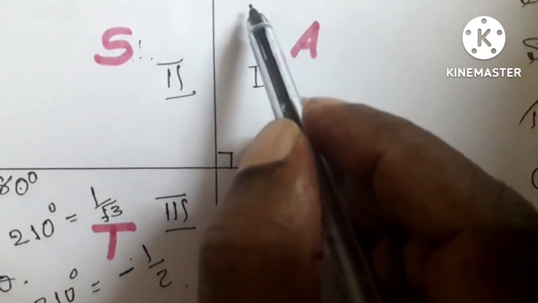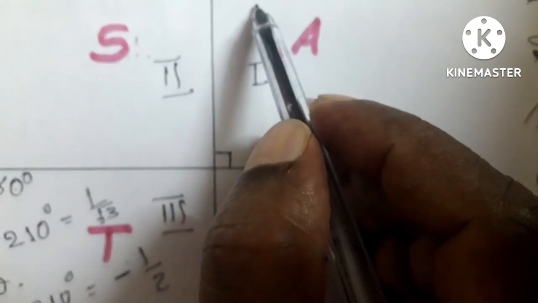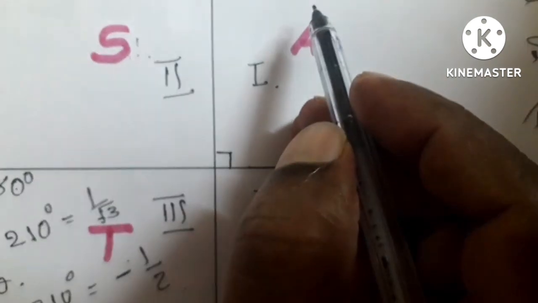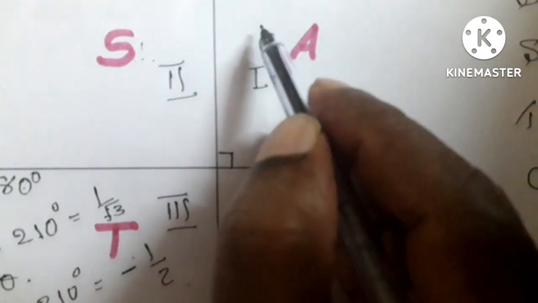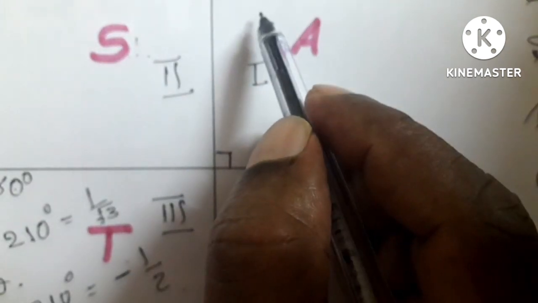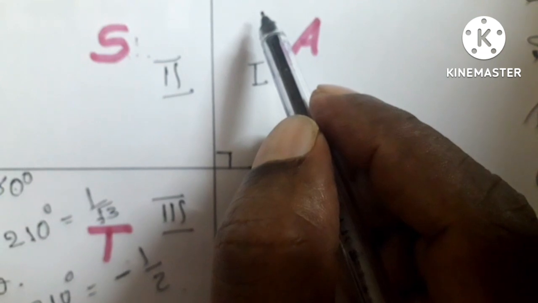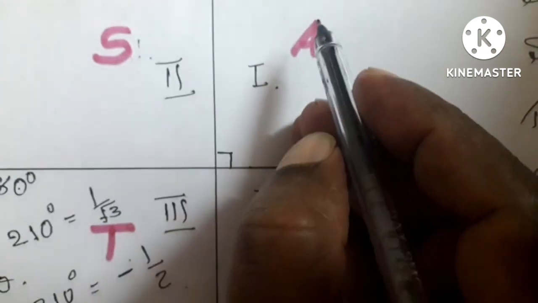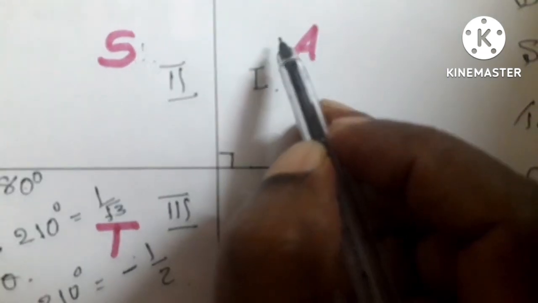Now sine 45 is equal to 1 by root 2. Again, its value is positive in the first quadrant. Tan 45 is equal to 1. It is in the first quadrant, so it is also positive.